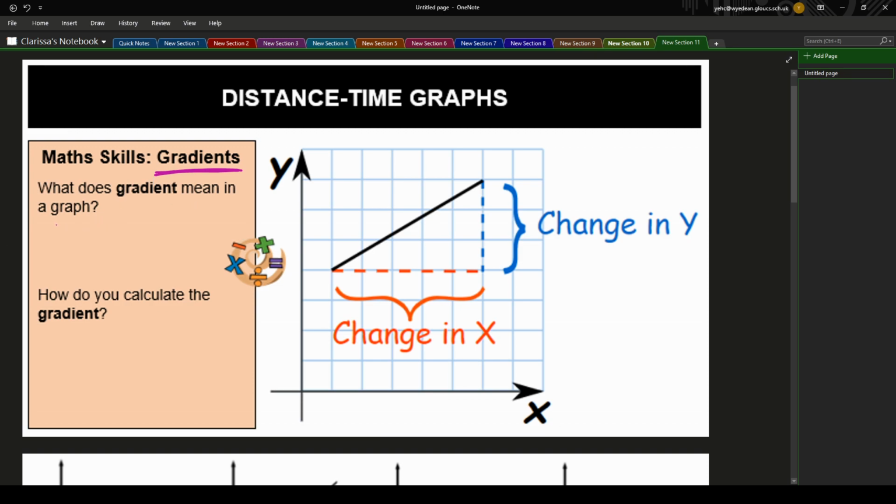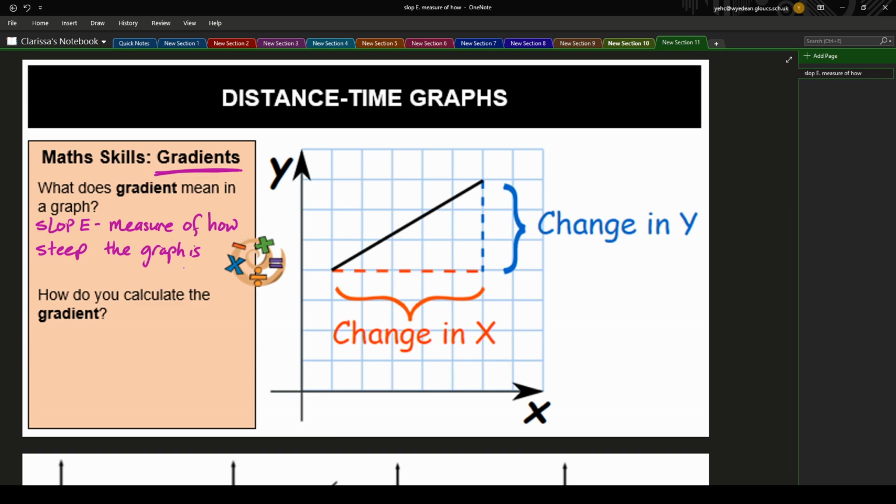So a gradient on a graph is basically like the slope. It's a measure of how steep the graph is. So think about it as a measure of steepness. We call that the gradient.